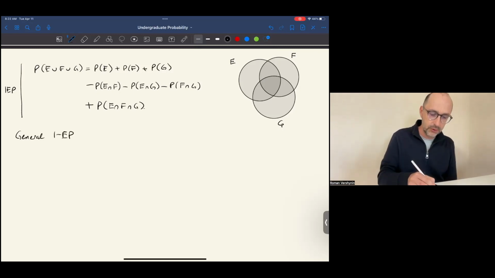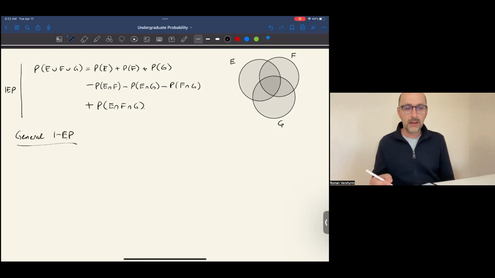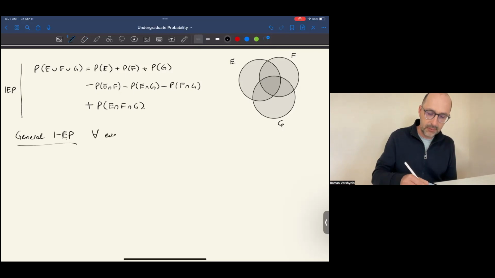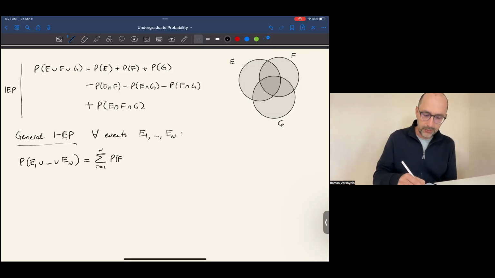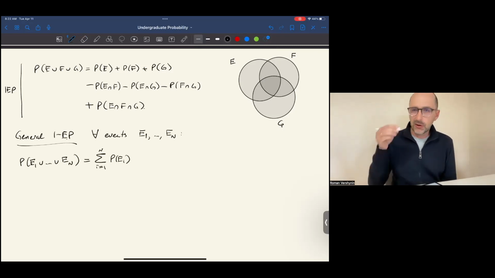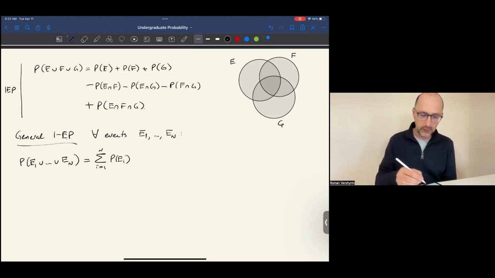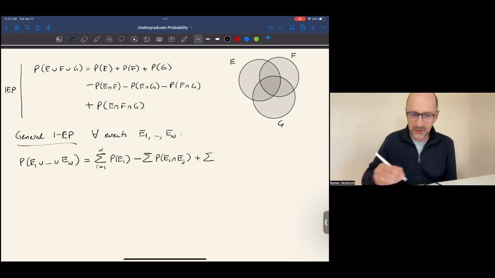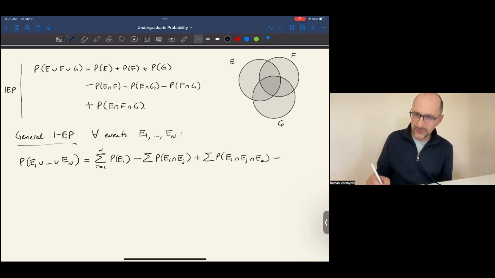The general inclusion-exclusion principle for any number of events, E1 through En: we first add all the probabilities. Then we realize, oh, but we have double counted the probabilities of their intersection. So we correct that. We subtract 1 copy. And then we add the 3-way intersections. And then we subtract the 4-way intersections and add the 5-way and so on and so forth.